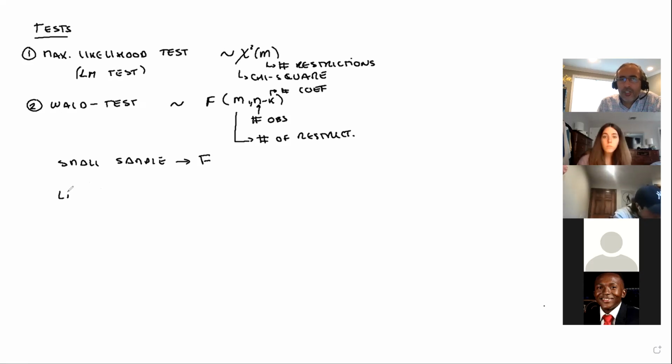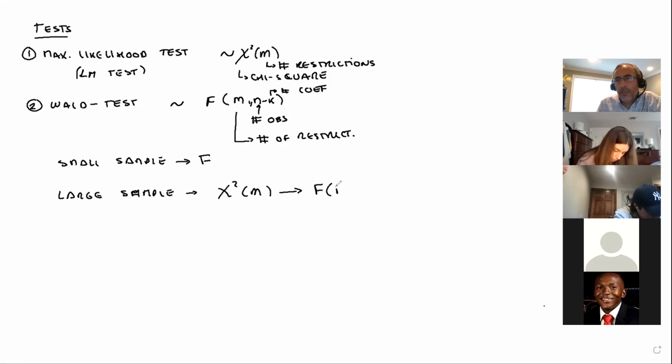When you have large samples, what happens is that chi-square with M degrees of freedom will tend to the F with M and N minus K. So they approximate to each other. So when you have large samples, you are indifferent to use either.